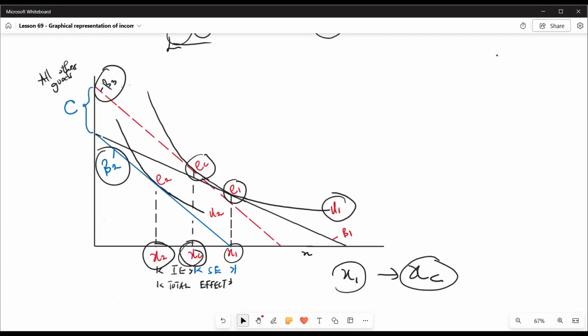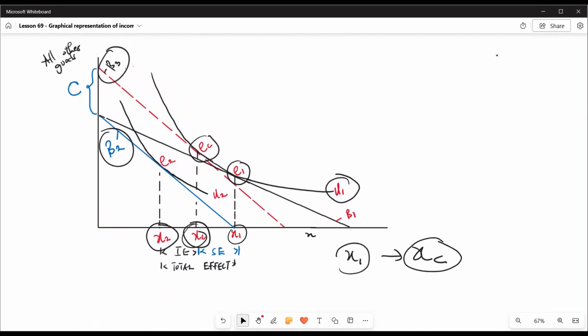To summarize, when the price of good X increases, the quantity demanded falls from X1 to X2, and this is called the total effect. Now, this total effect can be decomposed into two, which is substitution effect and income effect. Substitution effect is the movement from X1 to XC.